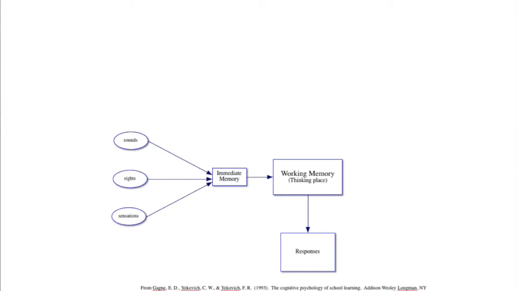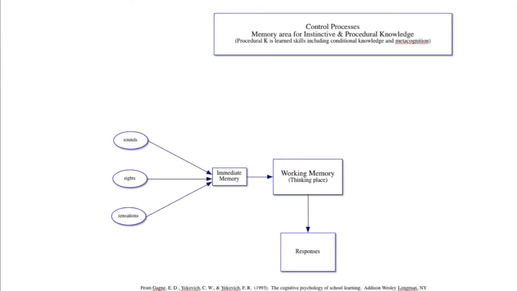So we need to add another area to our memory model, and we're going to call these control processes. The control processes receive input from the environment and from the immediate memory, and then help to control the immediate memory for our selective perception.